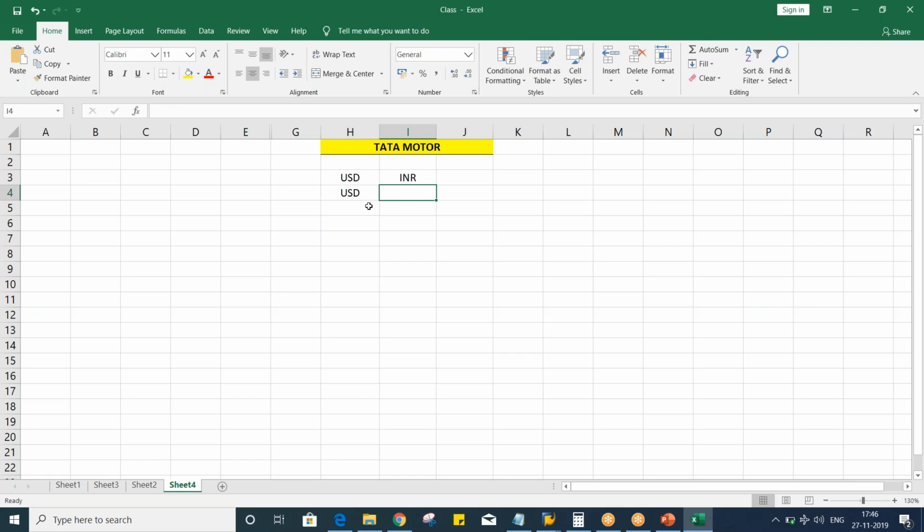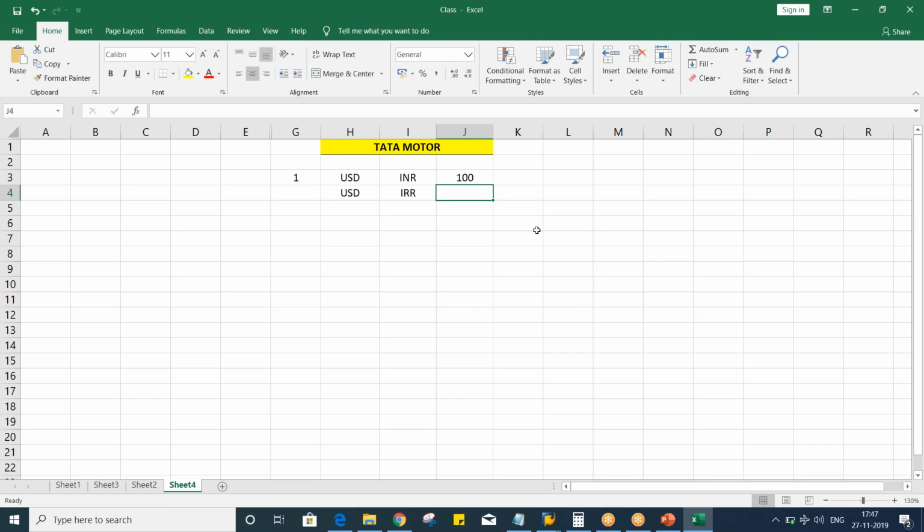If you talk about Iranian currency, it stands for, I guess, IRR. So guys, here USD versus Indian currency: 1 USD equals how much Indian currency? It might be 65, 70, whatever it is. I have specified 100, so I'll keep 100 itself.